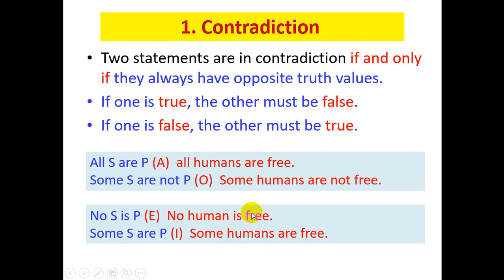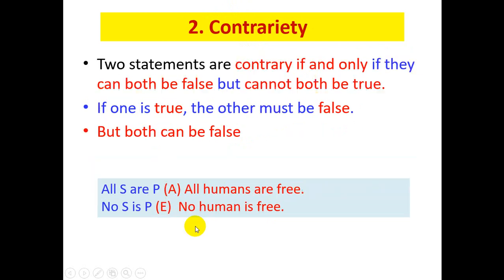Why? Because they are contradictory to each other. This is the first relationship between propositions, which is contradiction. And we noted that A is contradictory to O, and E is contradictory to I. The second relationship between propositions is contrariety.